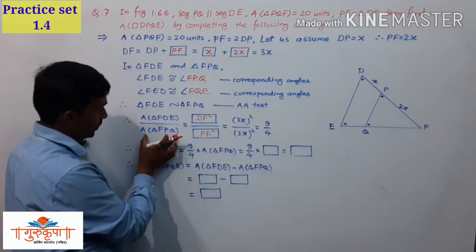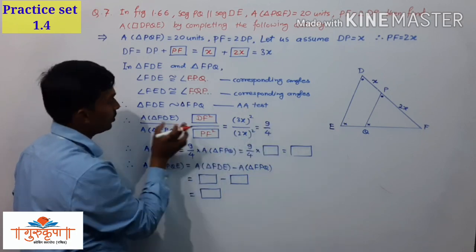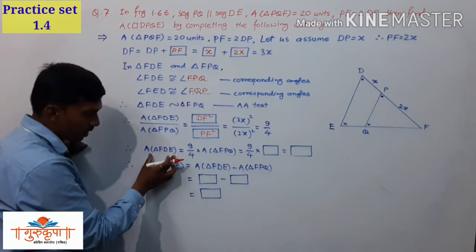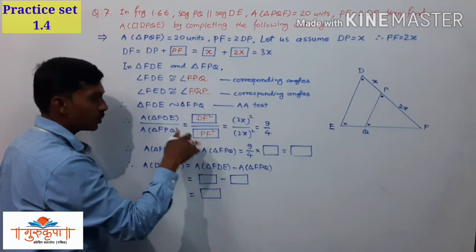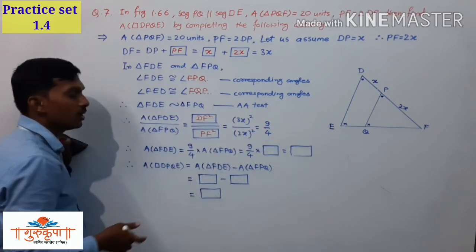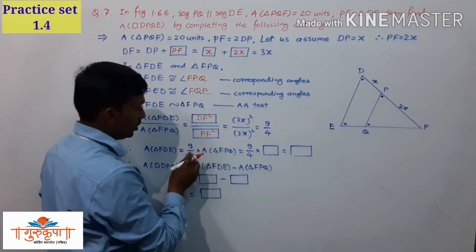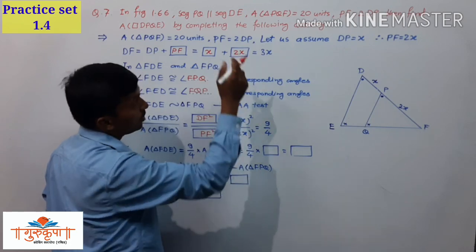Now we transfer area of triangle FPQ to the right side. So area of triangle FDE is equal to 9 upon 4 into area of triangle FPQ, and area of triangle FPQ is given 20.